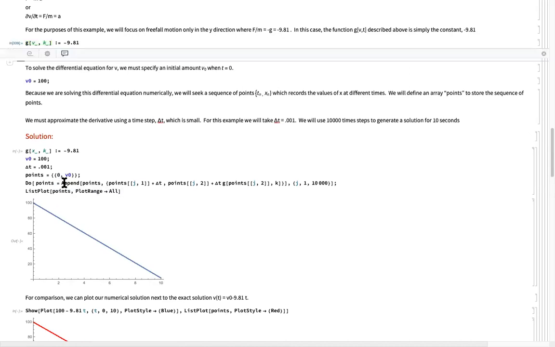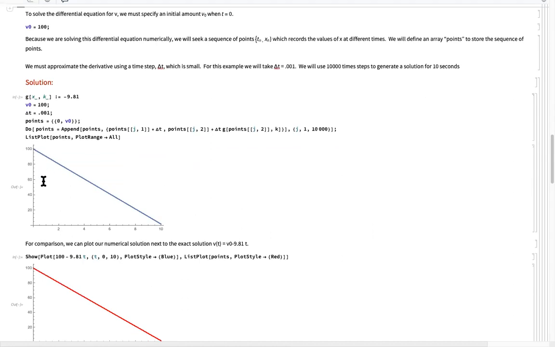And you see, this is saying you throw something at 100 meters per second, which is really impressive because that's 200 miles an hour. After 10,000 time steps, which would amount to about 10 seconds, the velocity has started out large and positive and has decreased down.